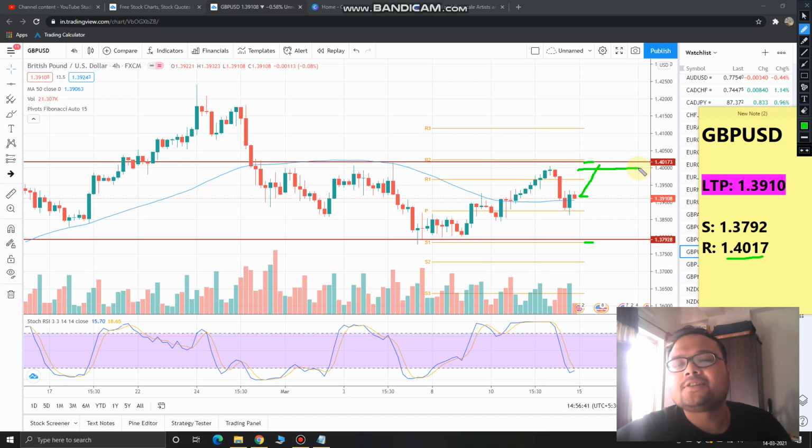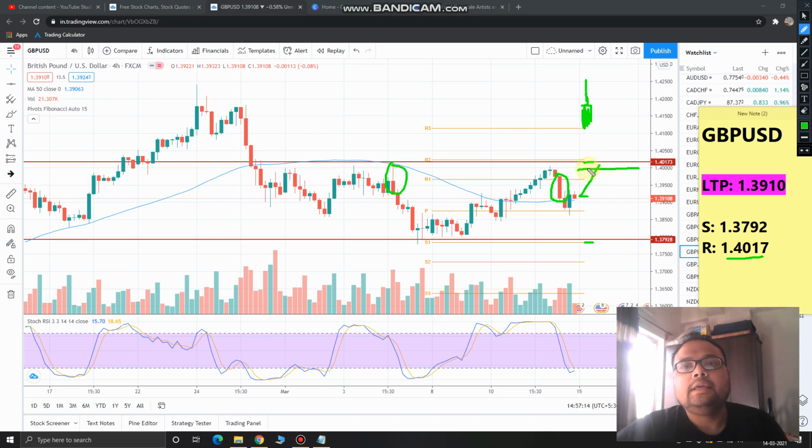If you see that price is struggling, the bulls are struggling to take the market upside, then there is a chance that market may reverse from there. And in case you see some price rejection from above, a shooting star kind of a pattern, a candlestick like this, or a big red candle like this here, then you can short the market.